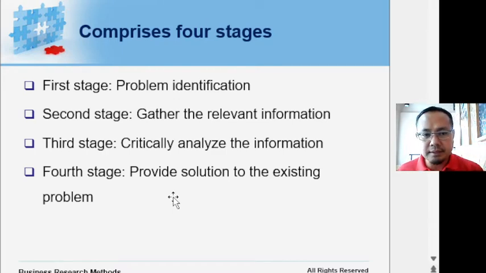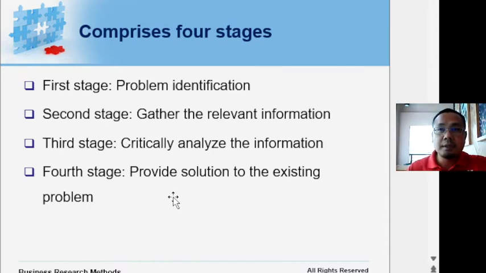So it comprises at least four stages. You can see the first stage is to identify a problem. We have to identify a problem, and then the second stage is to gather the relevant information.